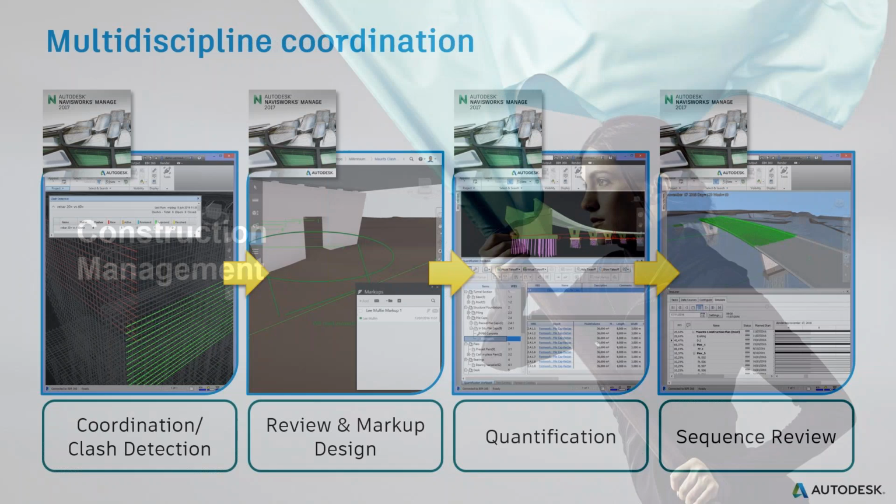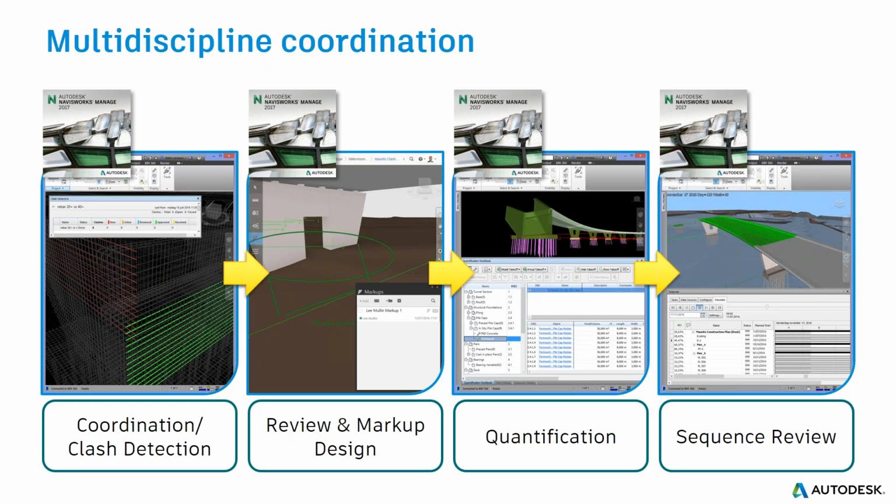What I want to show you is multidisciplinary coordination, because if you are working on a bigger project, you can be the supervisor of this project, and you want to use other products where you can aggregate the data from different sources and be able to make quantification, clash detection, markups and sequences. What I want to stress is that, for example, coordination or quantification, we can do with Revit. It's not a problem.